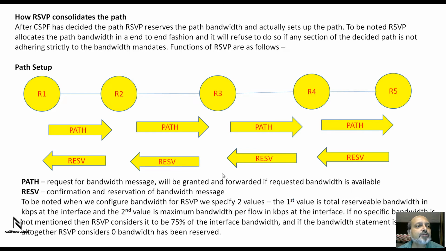So how does RSVP consolidate the path? After CSPF has decided the path, RSVP reserves the path bandwidth and actually sets up the path. To be noted, RSVP allocates the path bandwidth in an end-to-end fashion, and it will refuse to do so if any section of the decided path is not adhering strictly to the bandwidth mandates.